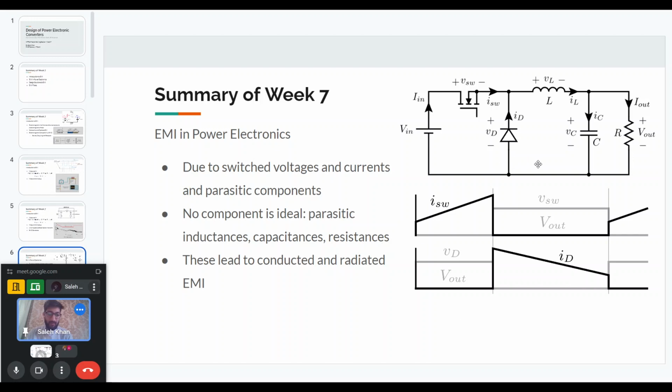And since in power electronics the di/dt is very high, and similarly dv/dt for capacitive portions is very high, even a very small inductance and capacitance will still lead to a significant voltage or current. And that is why we will have some conducted and radiated EMI in our power electronic circuits.